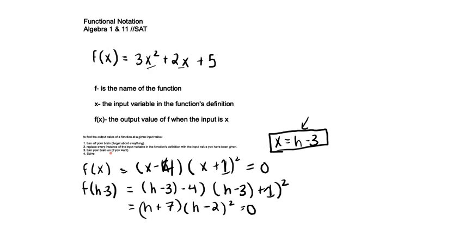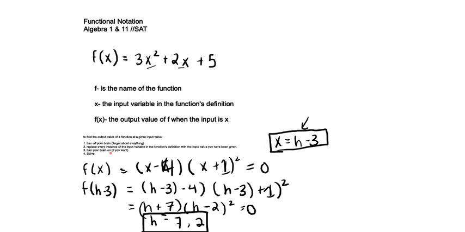If we simplify all this down, h is then equal to 11, 7, and 2. It's interesting. I think we have just found the answer to something that may have seemed very complex, but all we have to do is replace every instance of the input variable with the input we have been given.